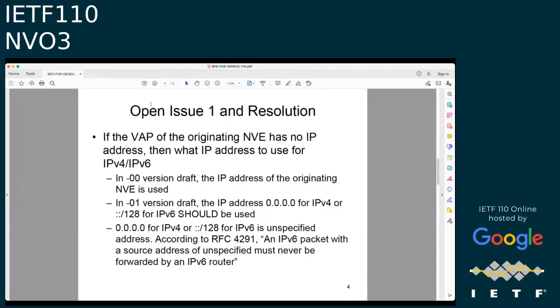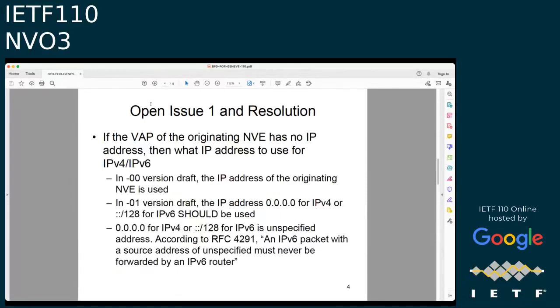As mentioned just now, the 01 version draft resolves the open issues with BFD over Ethernet over Geneva encapsulation. This is open issue 1 and its resolution. The open issue is: if the VAP of the originating NVE has no IP address, then what IP address to use for IPv4 or IPv6?